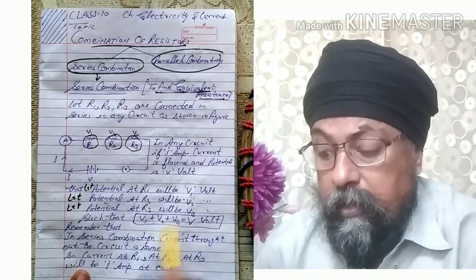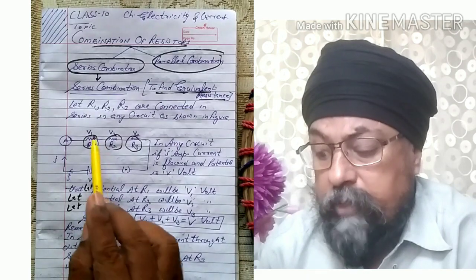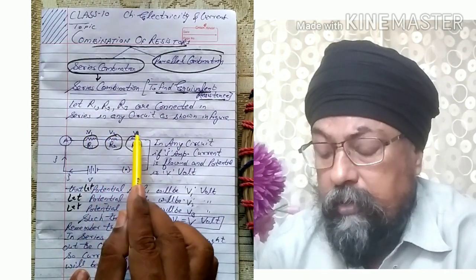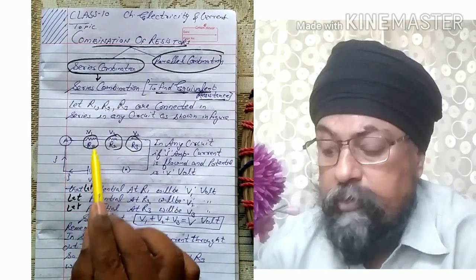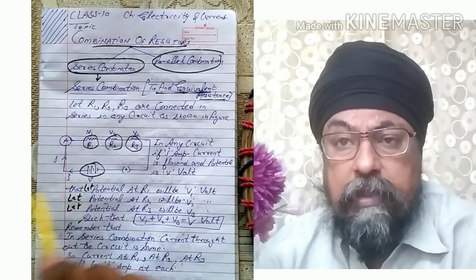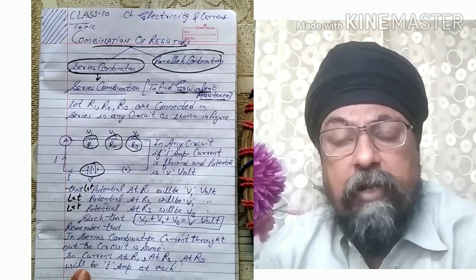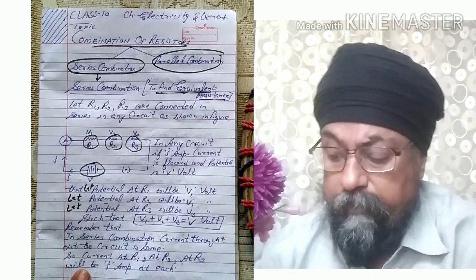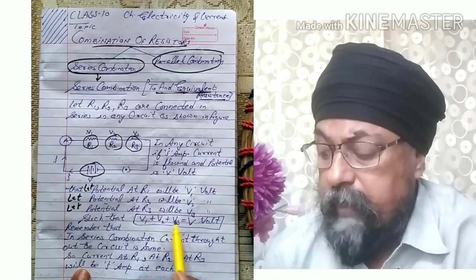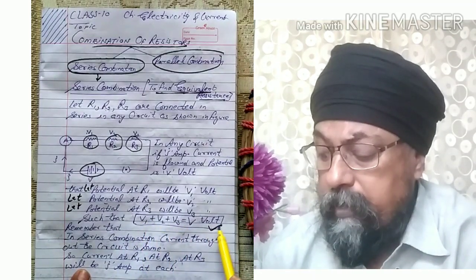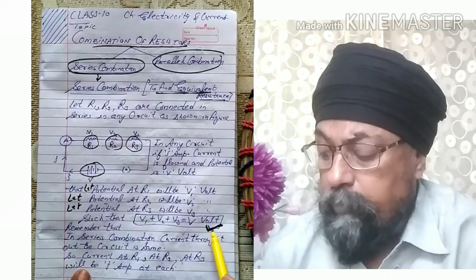The sum of the potentials on each resistance should be equal to the potential of the source, that is, the potential difference across the ends of the source. So V1 plus V2 plus V3 must be equal to V.